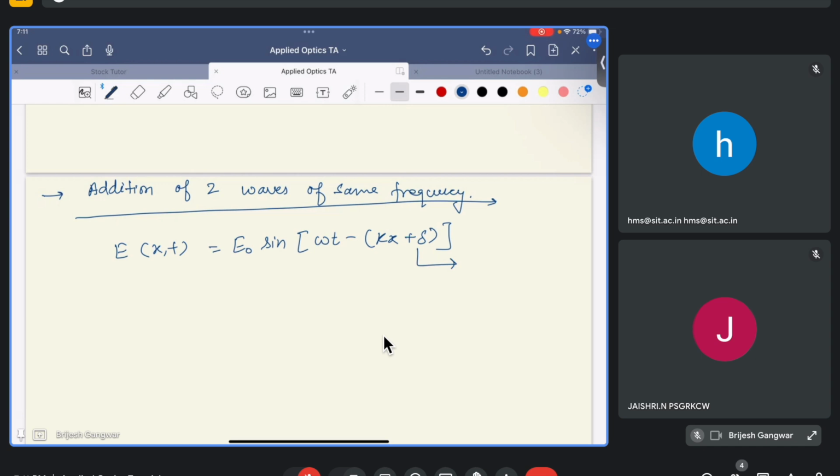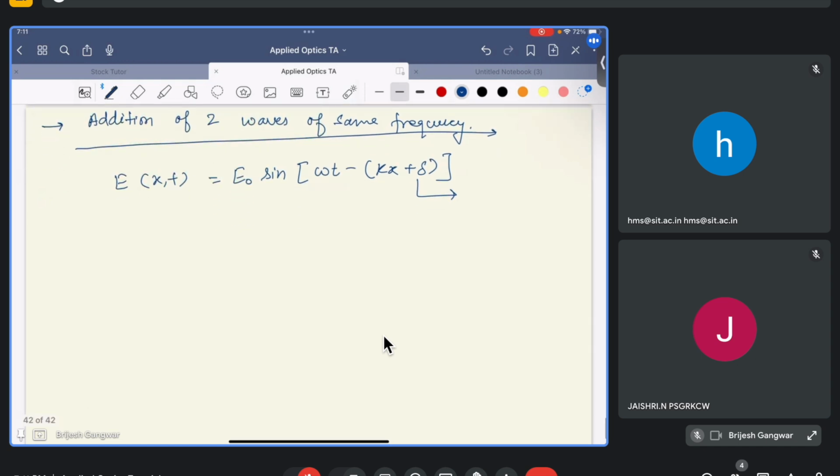This is the book which Sir has followed, Eugene Hecht, and also the optics book by Ajoy Ghatak. I also reference these books while teaching.